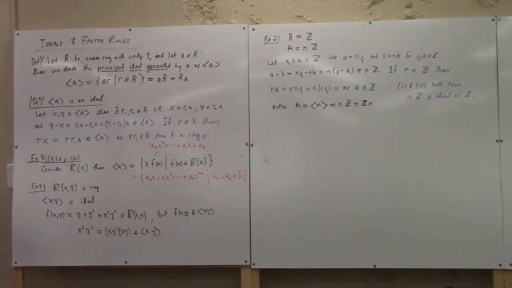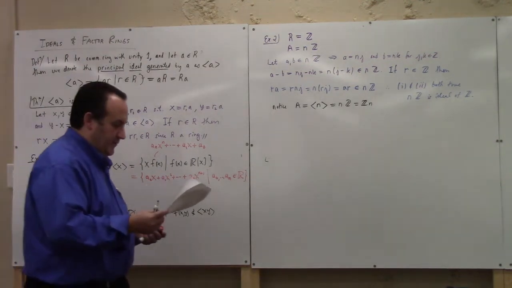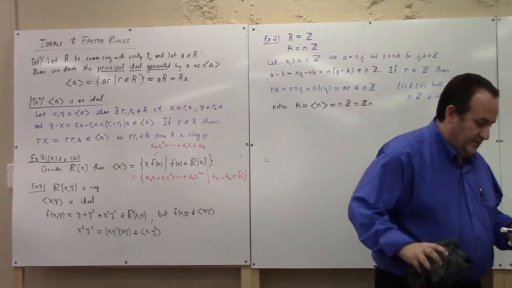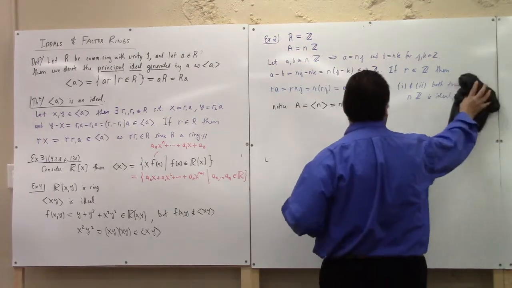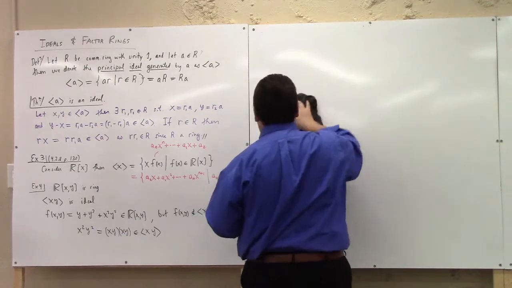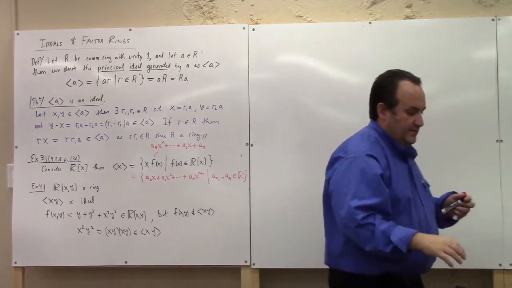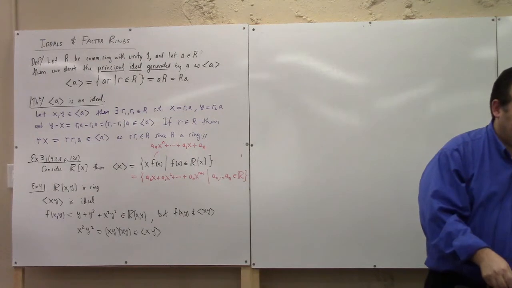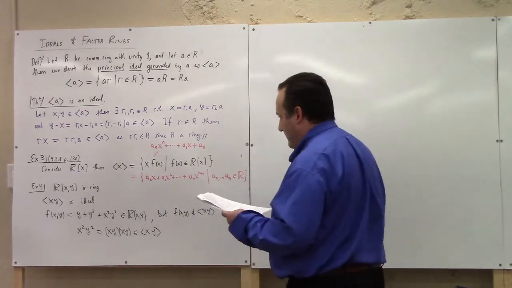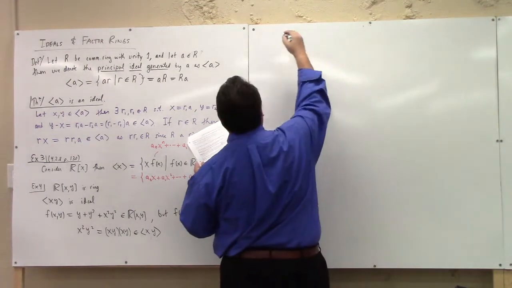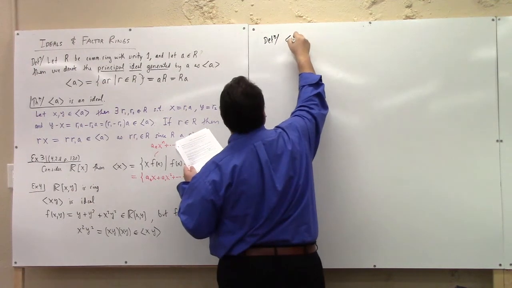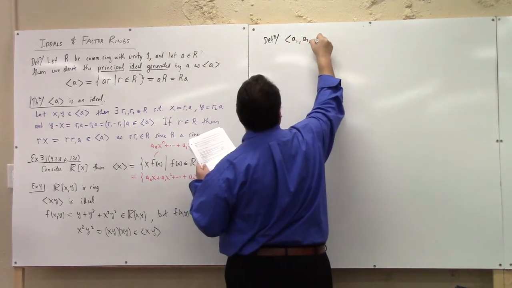Now, if you can build an ideal from one thing, you can also build an ideal from more things. This is much akin to the concept of span in linear algebra. In some sense, one thing is like a span of a single vector: it's the r multiples of a single vector, if you want to think of it that way. I mean, don't do that. It's not that, but it's like that. So here's (a1, a2, ..., an).